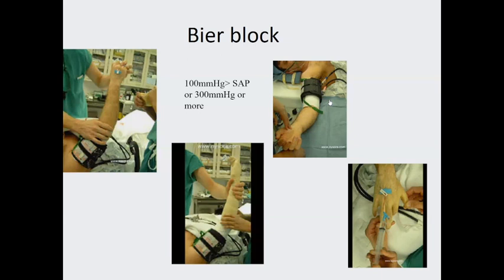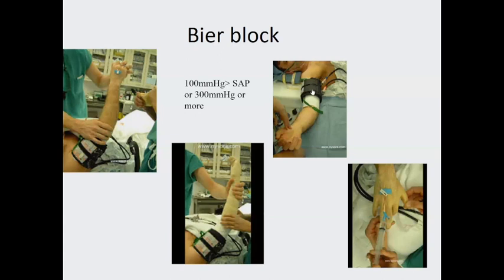20 minutes is safe, 15, okay, maybe not very, but 20, because after 20 minutes, the local anesthetic that has been injected into the vein is no longer in the vessel, it has diffused into the tissue. So there is no risk of flushing the local anesthetic into the circulation in case of deflation of this cuff.